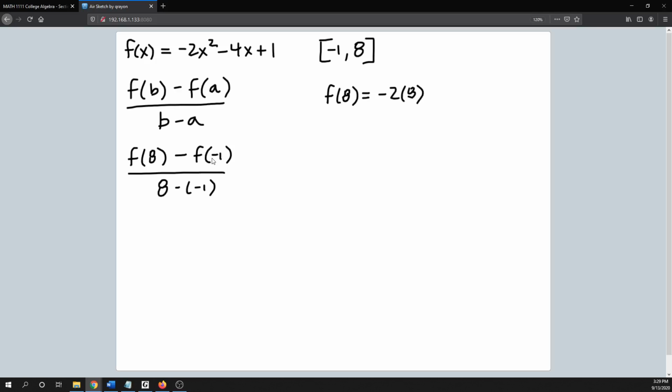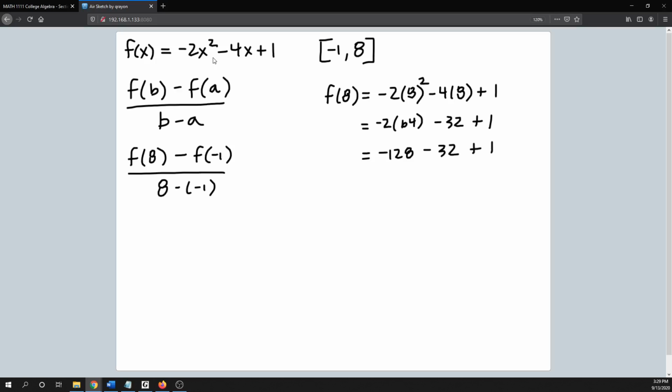All right, so f of 8 is going to be negative 2 times 8 squared minus 4 times 8 plus 1. I'm going to go ahead and just calculate that out. So that would be negative 2 times 64 minus 32 plus 1. And so it's going to be negative 128 minus 32 plus 1.